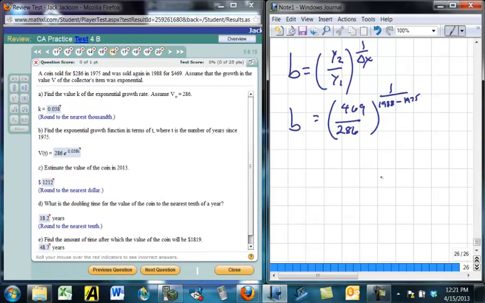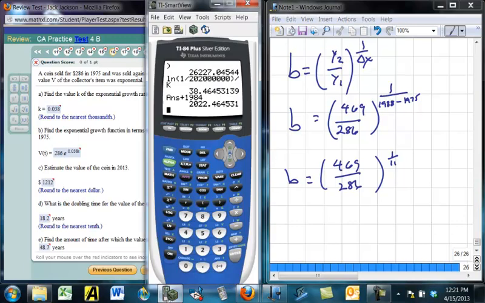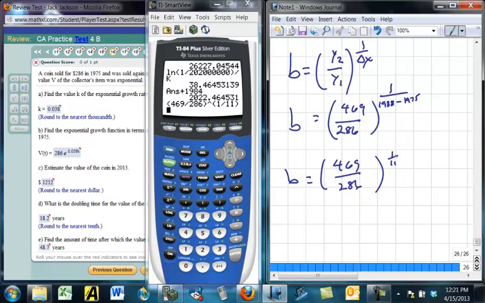That's 11 years, so I'm just going to do that in my head, 1/11. That fraction might be able to be reduced, but I'm just going to leave it like that. So 469 divided by 286 to the power 1/11. Don't forget parentheses around that power. And this is my base. So I'm just going to store it as b in case I need it again later.